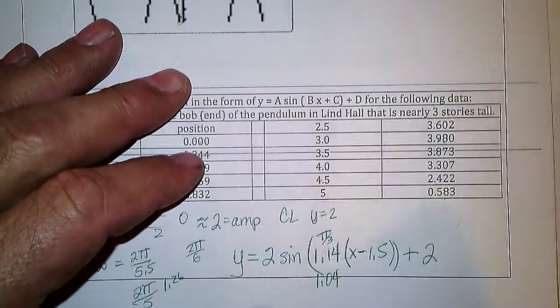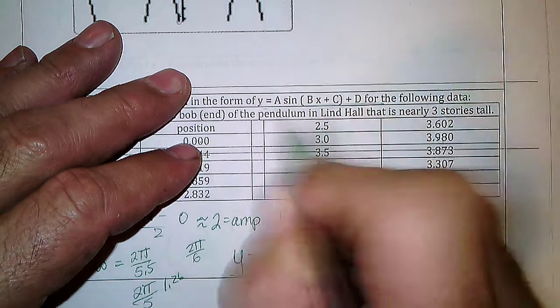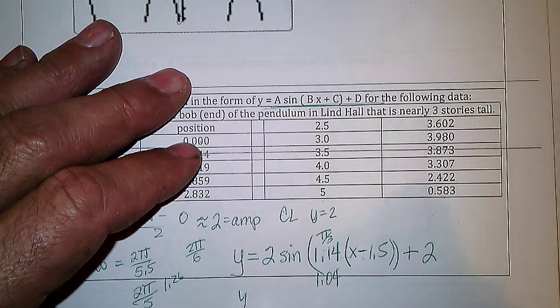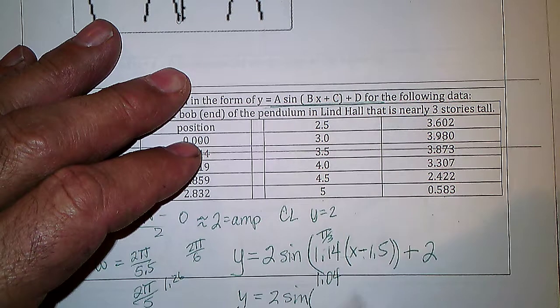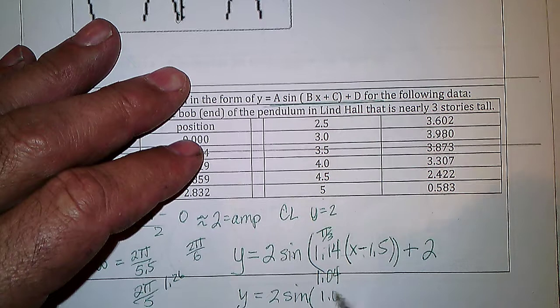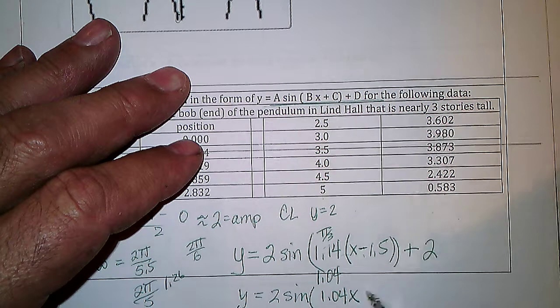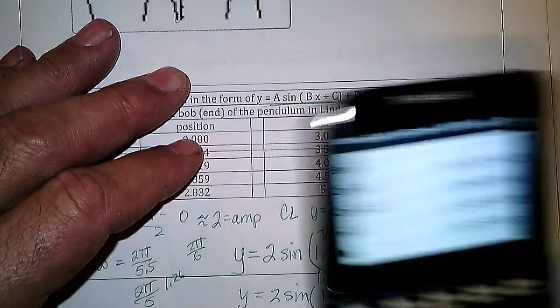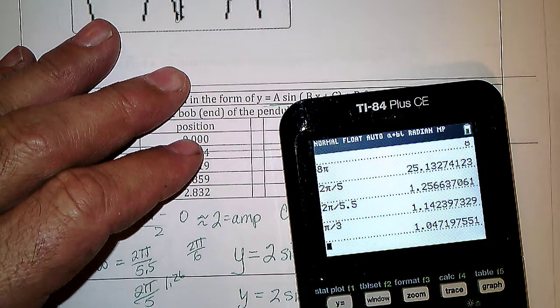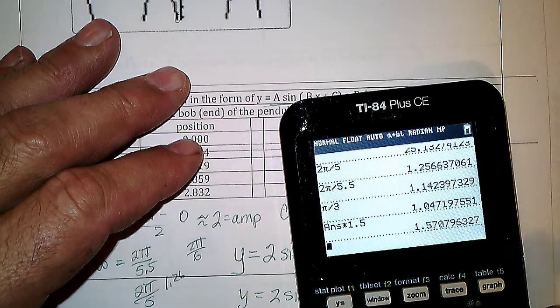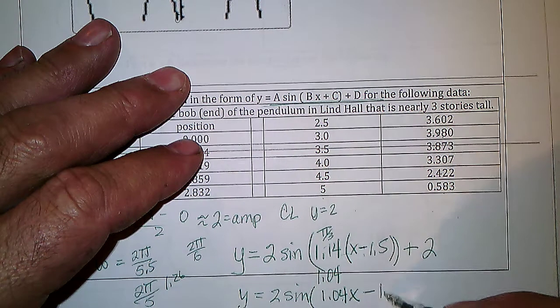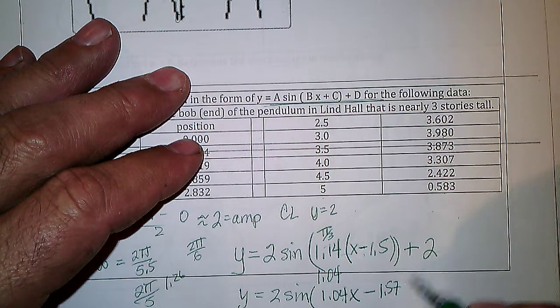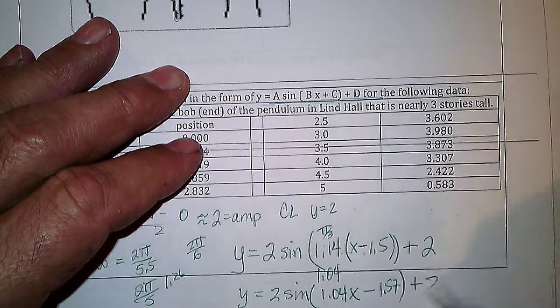So now, if I write it in this form, which would be really good to do, it would be y equals 2 sine, I'll use the 1.04, minus, and then I take the 1.04 times the 1.5, and I get 1.57, plus 2.